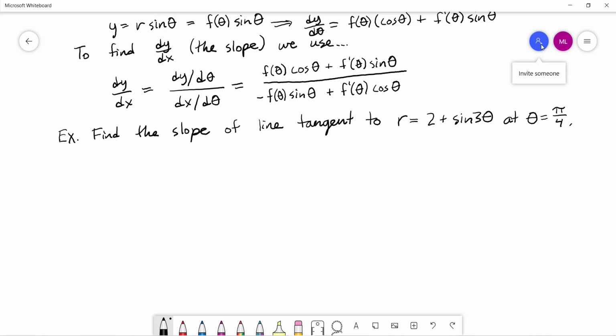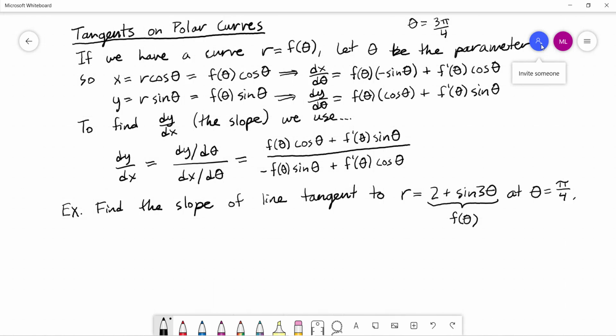Okay, so what we're basically saying is that this is my f of theta.